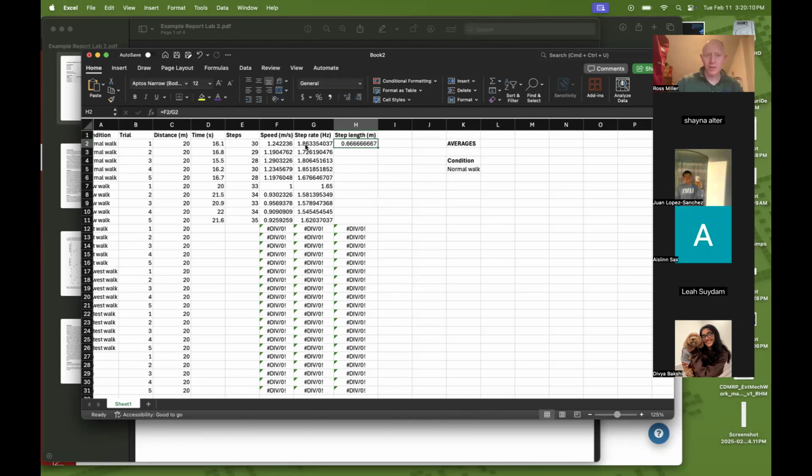Or you can do step length as how far did I go, divided by how many steps did I take to go that far. And notice no matter which way I did that, I got the exact same step length both times because these variables are all physically connected to each other. So it doesn't matter how I calculate it, they're both correct and they both arrive at the same value for all those step lengths.